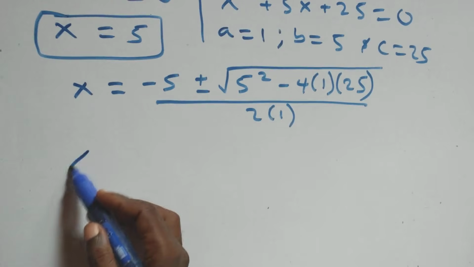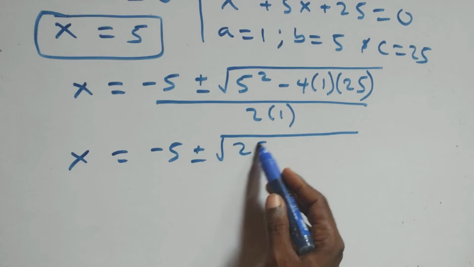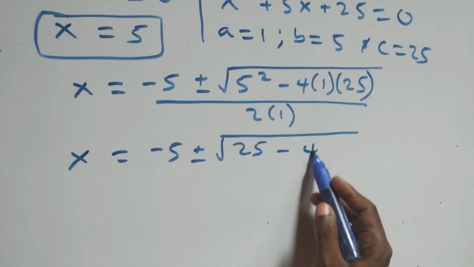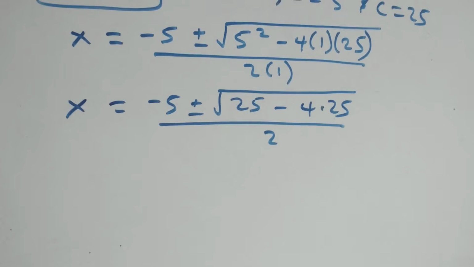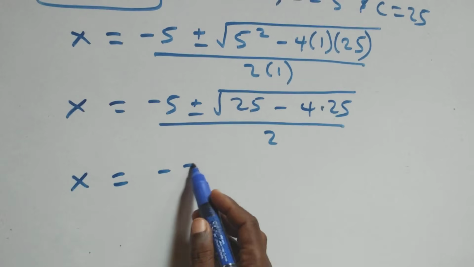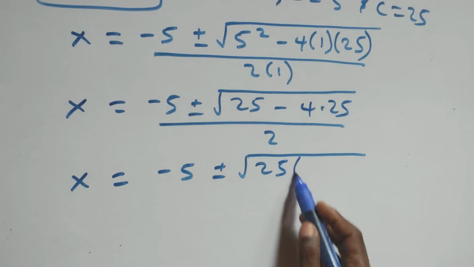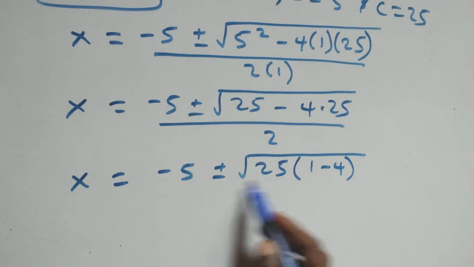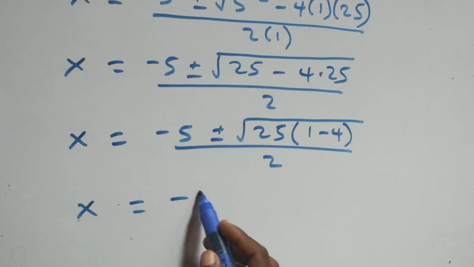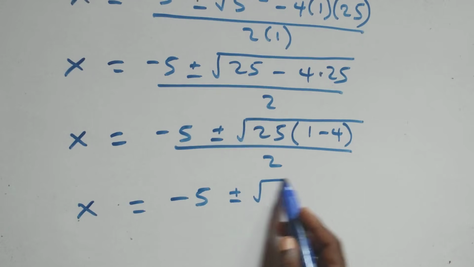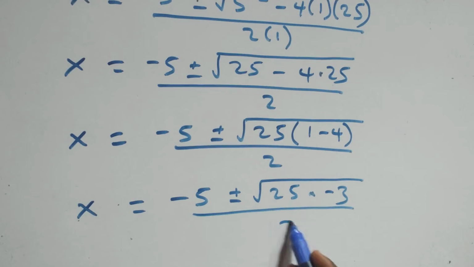Then 25 is common: 25 times (1 minus 4), that is minus 3, all over 2.